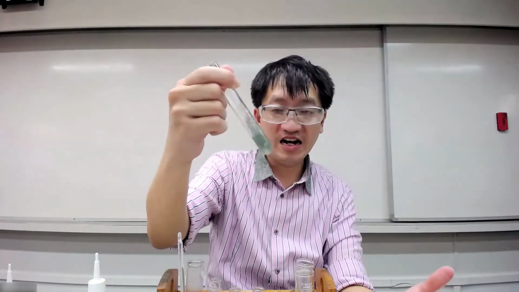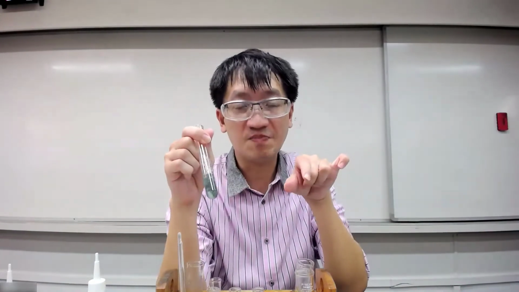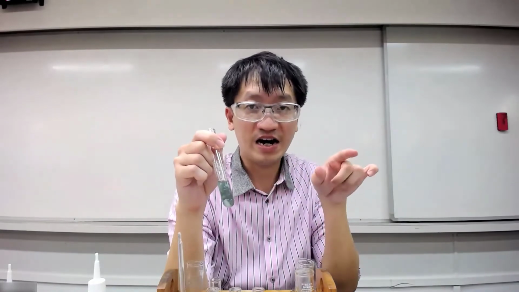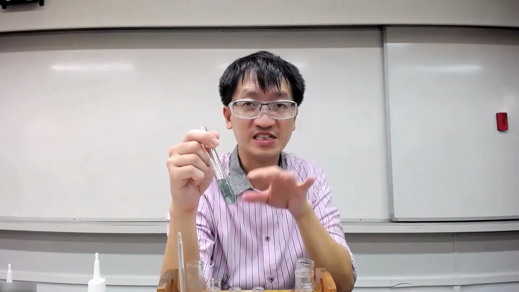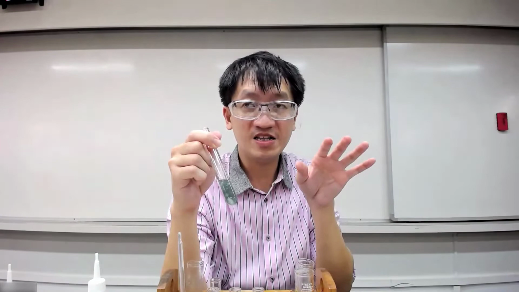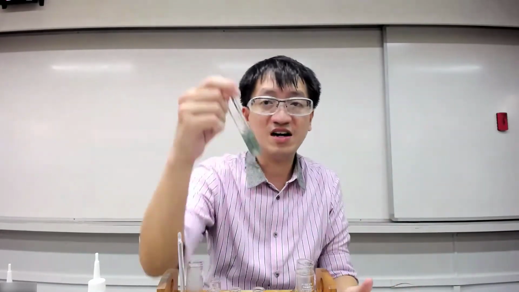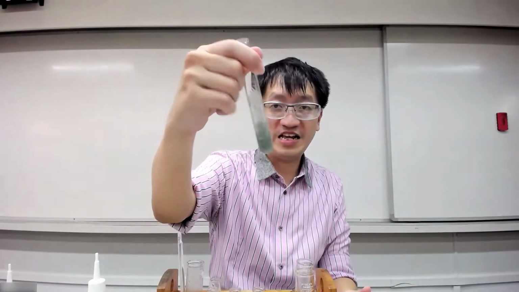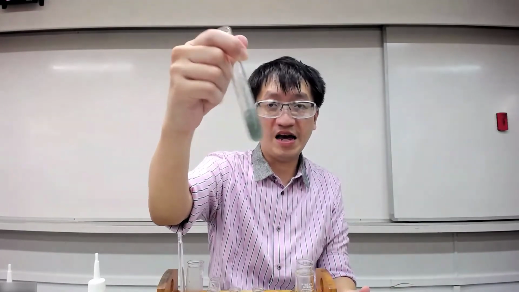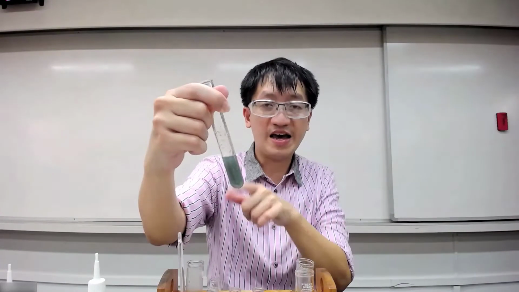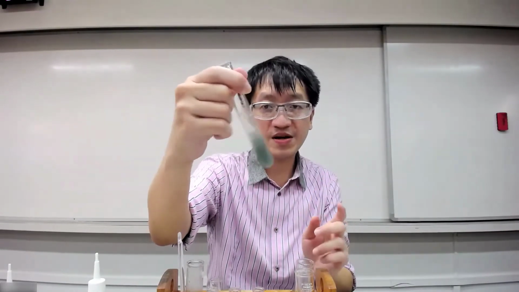Because zinc in the reaction also reacts with hydrochloric acid to give you zinc 2. And in the process of reducing iron 3 to iron 2, it also gets oxidized to zinc 2. So the gelatinous white precipitate and of course the green precipitate are due to both zinc 2 and iron 2, sorry.